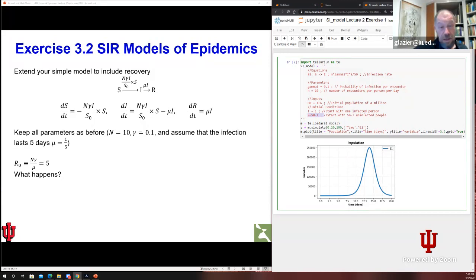Did everybody do an SIR model as a homework problem? Did anybody not do an SIR model as a homework problem? Okay, I guess I have to phrase that question differently if I want an answer. Why don't we just take this little model that we have up here and make it into an SIR model?